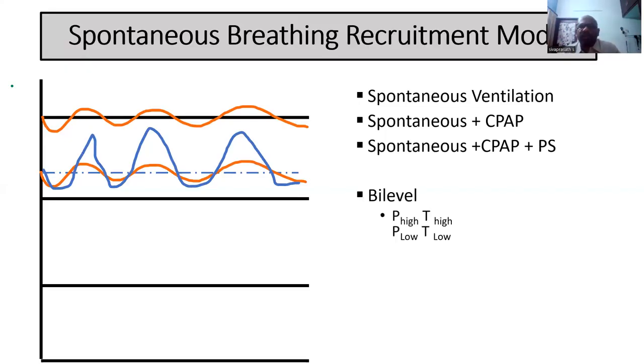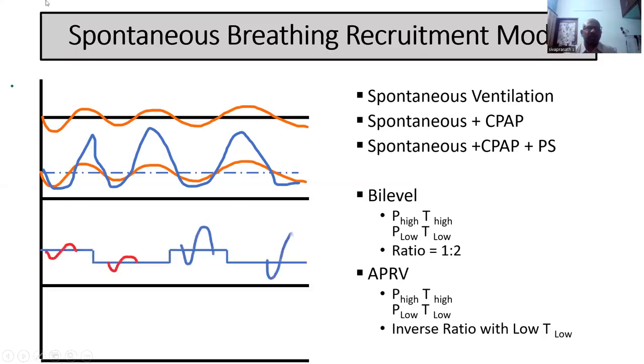Now I'm talking about bilevel. In bilevel, you set a high pressure for a particular amount of time and a low pressure for a particular amount of time. In CPAP, you had the same pressure throughout the respiratory cycle. Now you go a little bit extra: set some pressure for some time, and some low pressure for some time. So here it is.